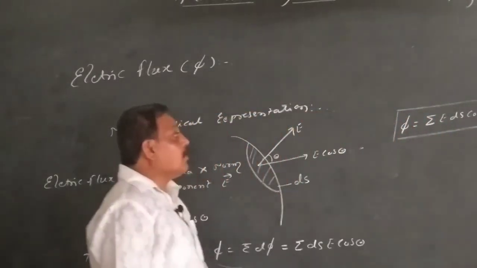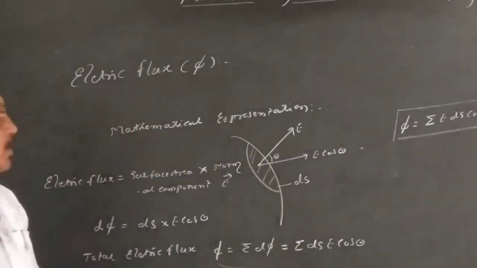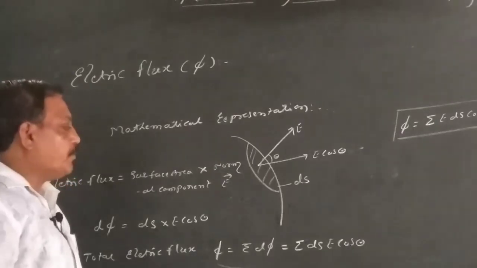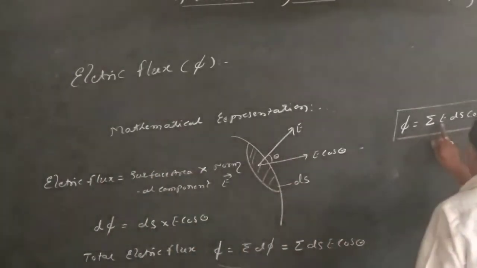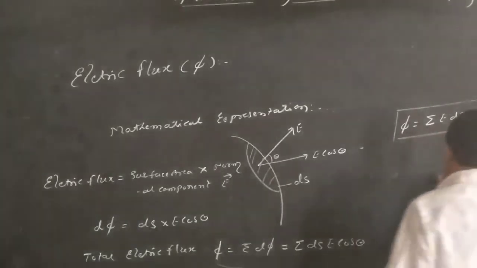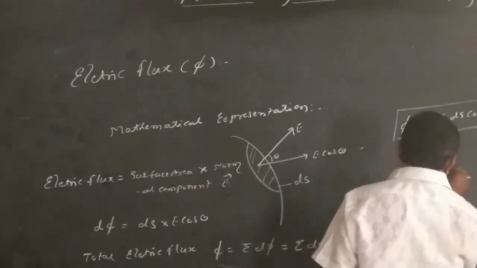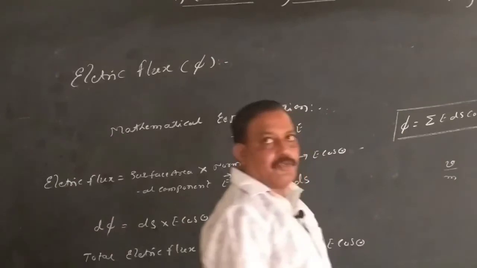Then what is its SI unit? The SI unit of the electric flux follows from E and ds. E is measured in volt per meter. We will come across this in the next chapter, that is E equals minus dV by dx.